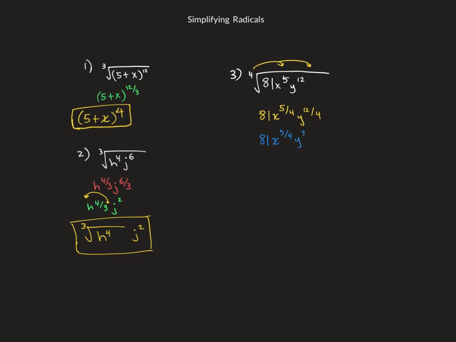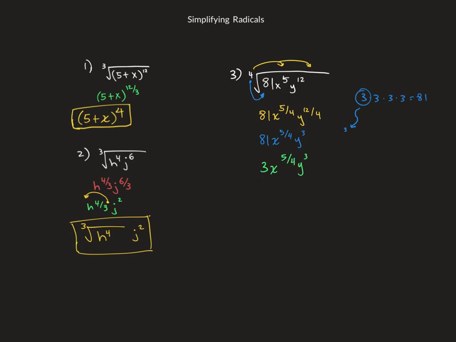And then, since this 4 is here, we can also apply it to the 81, and if that is possible, that would bring it down into 3, since 3 times 3 times 3 times 3 is equal to 81. So you take one of those, so this would become 3. And our new equation would look like 3, x to the power of 5 by 4, y to the power of 3.